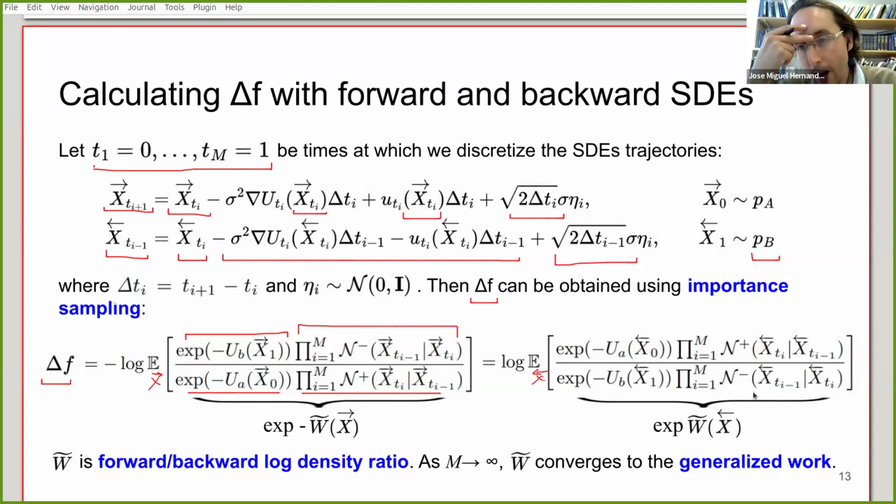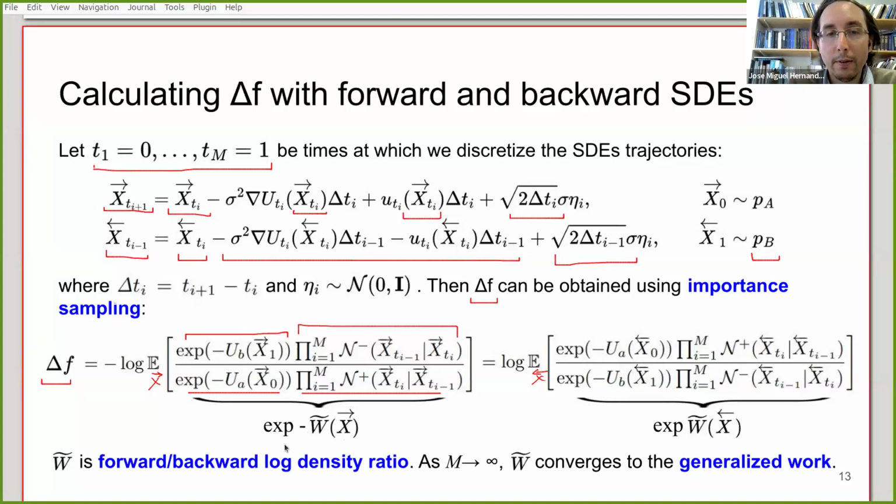Okay. And yeah, using an infinite number of these importance samples, you would obtain the exact free energy difference. In practice, these expectations, you could replace them with empirical averages.